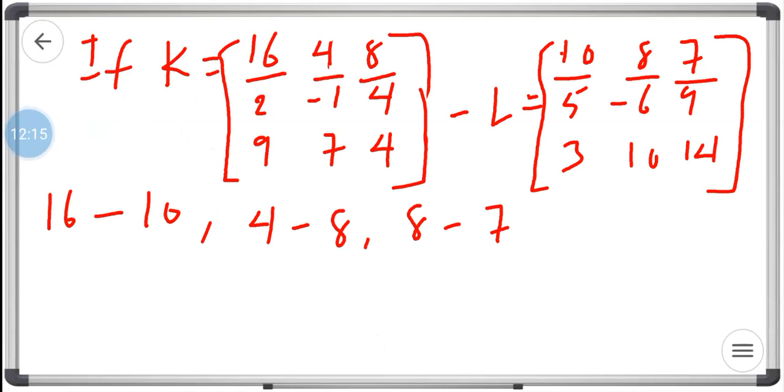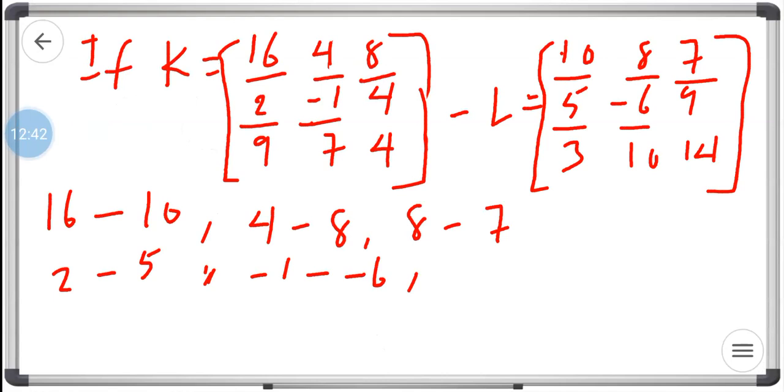So we are through with that row. Now the next row, a21 here, that is 2, minus a21 here, that is 5, comma a22 here, that's minus 1, then minus, we are subtracting a22 here, that's minus 6. We are subtracting, don't forget.